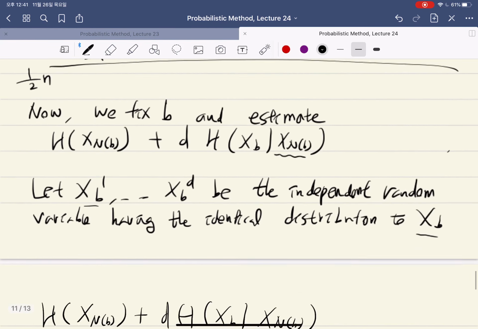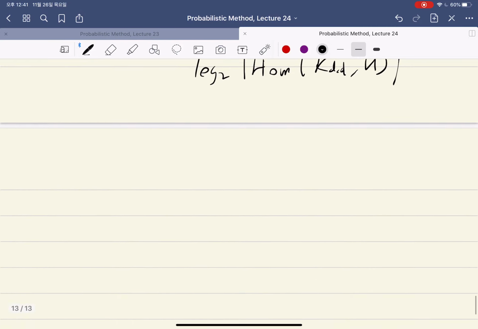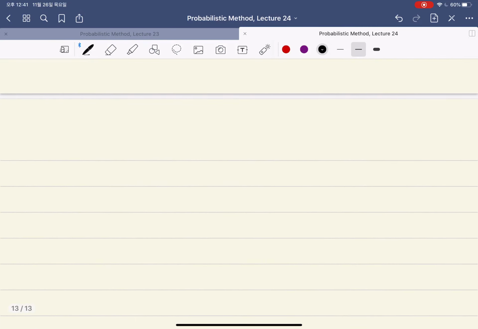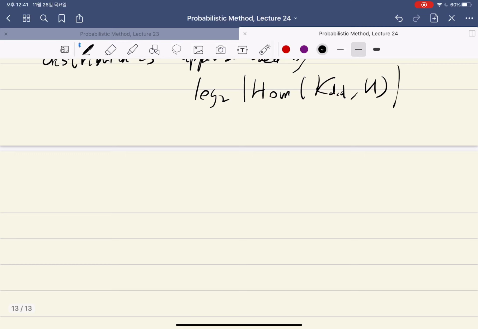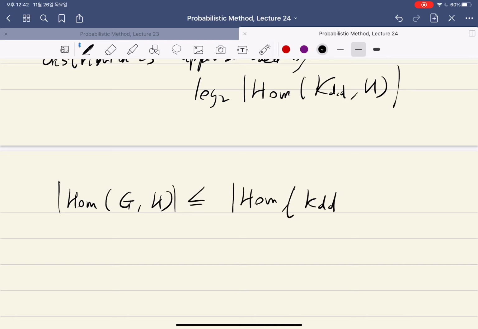So you take 2 to the power of this entropy on both sides. Then the number of homomorphisms of G into H is at most the number of homomorphisms from K_{D,D} to H to the power n over 2D.